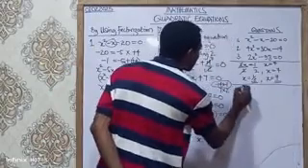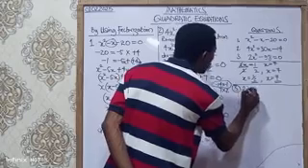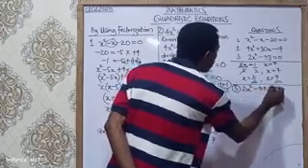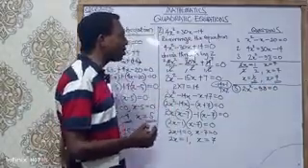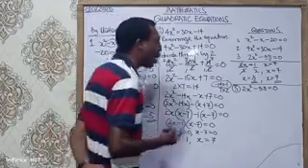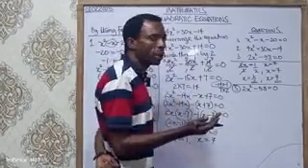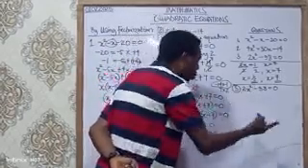Now, question 3 says 2s squared minus 98 equals 0. Look at this question. How do I do it? We can do it in a simple way, and that means do it as if you are solving an equation.